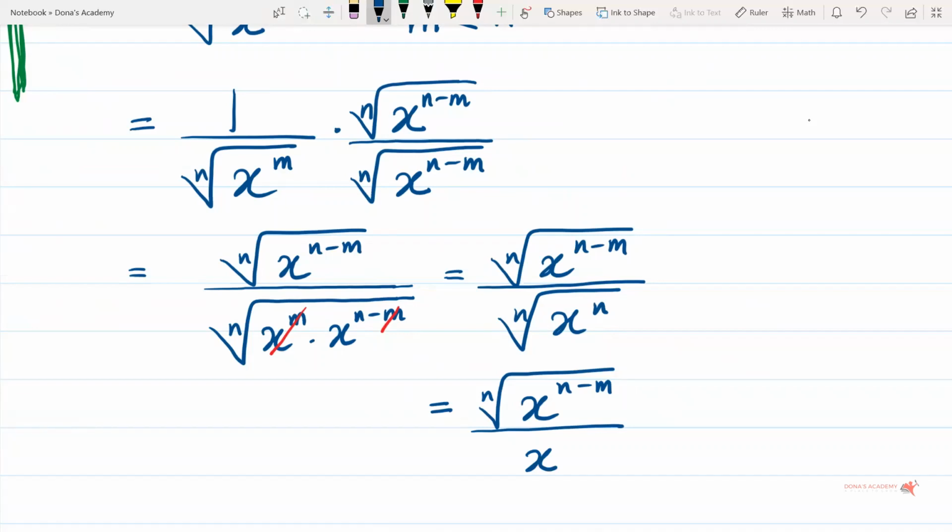Now the bottom doesn't contain any radicals, right? Only a pure term. You see only a pure term, no radical pieces. So that's the meaning of rationalizing a denominator.